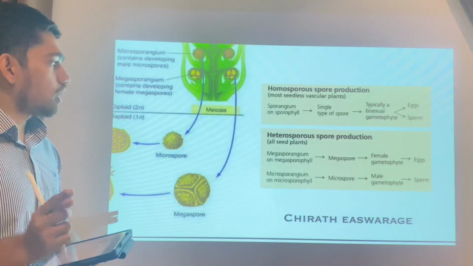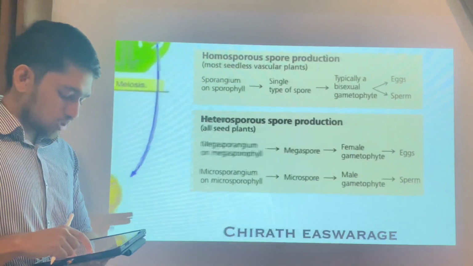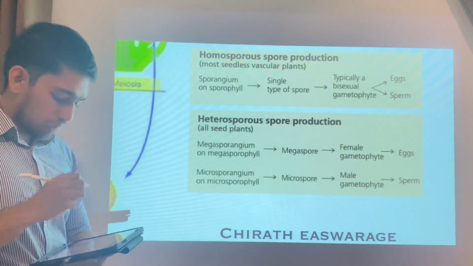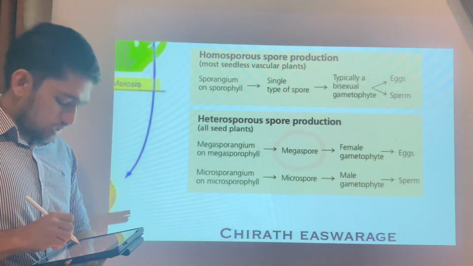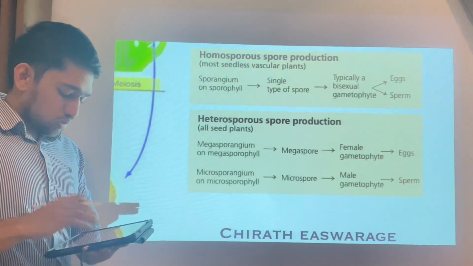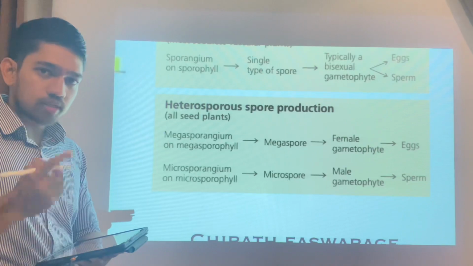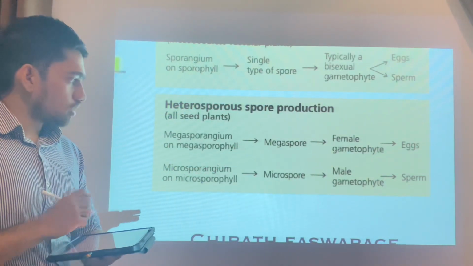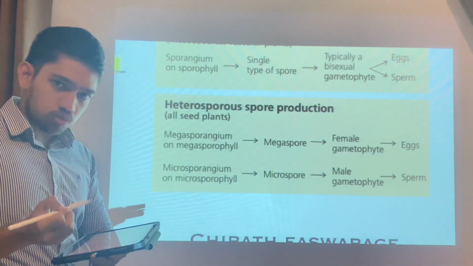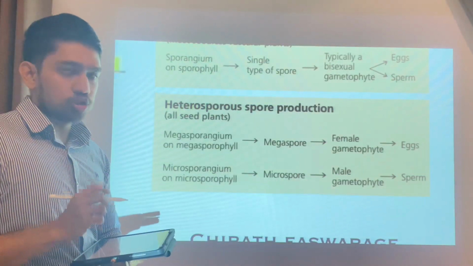So if we consider a plant to be heterosporous, that means it produces two types of spores. Those are the megaspore and the microspore. Which sporangium produces the megaspore? We call it the megasporangium. And the sporangium that produces the microspore, we call the microsporangium.